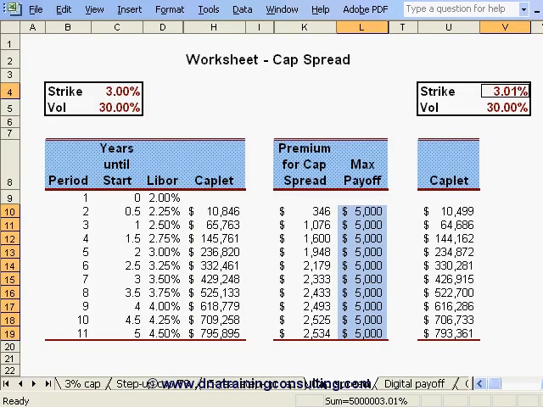This is because the entire gain earned under the first cap is given back as a loss under the second cap, except for the 1 basis point that represents the difference between the two strikes. Applied to a notional of $100 million and a semi-annual tenor, this comes to $5,000.